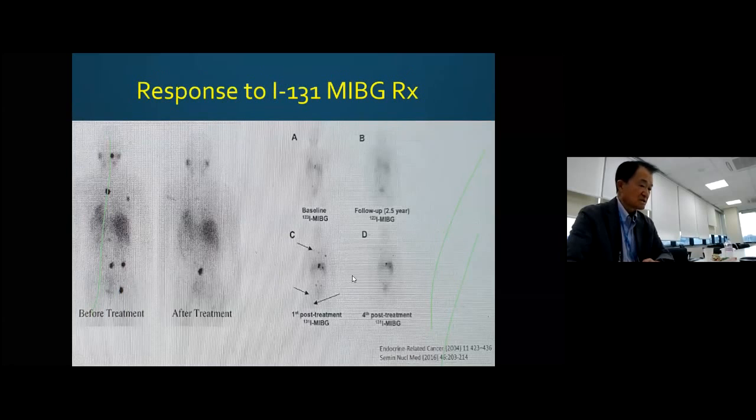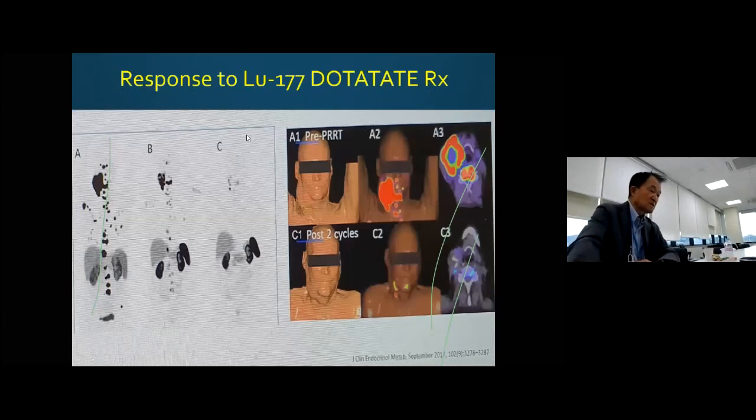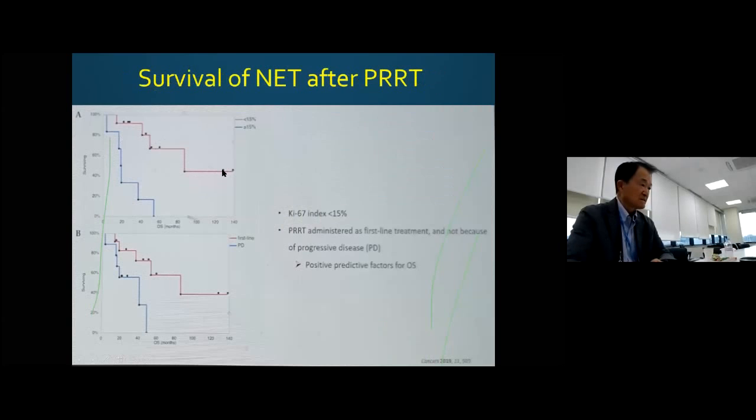You can see some response on the images. This radiation therapy here is quite dramatic, the multicenter disease is almost gone, so that's good. These are fairly well differentiated types, which is why they respond.